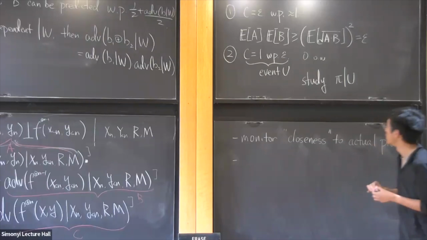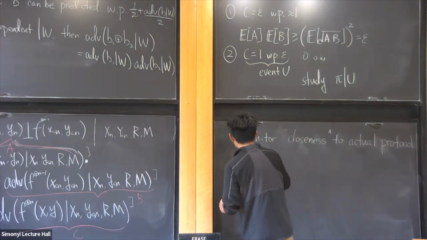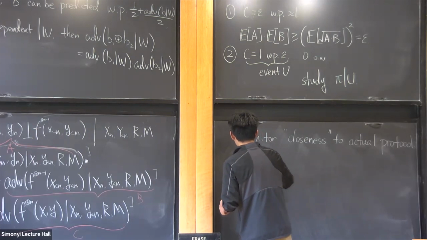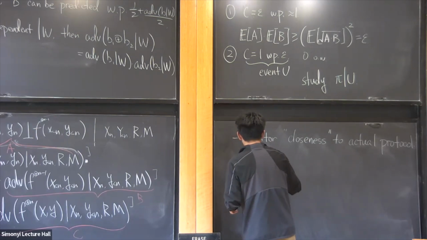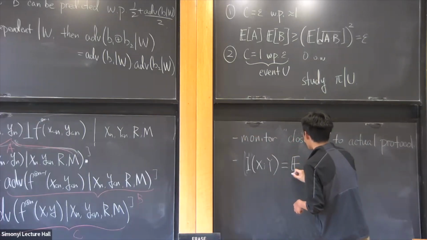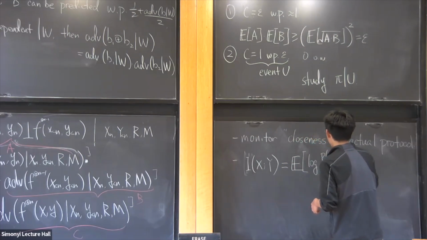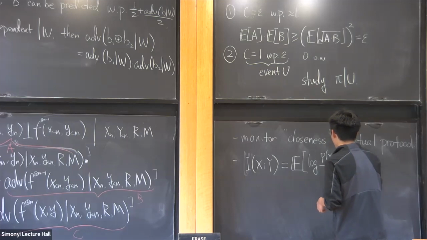The other issue with conditioning on U is that the information cost that I defined earlier is a sum of mutual informations, and mutual information is an expectation, right? If we look at two random variables x and y, the mutual information is the expected value of the log of the probability of x and y divided by the probability of x times the probability of y.